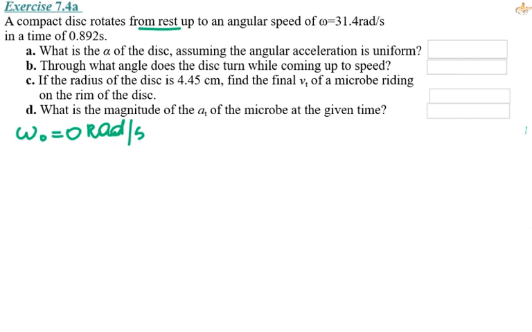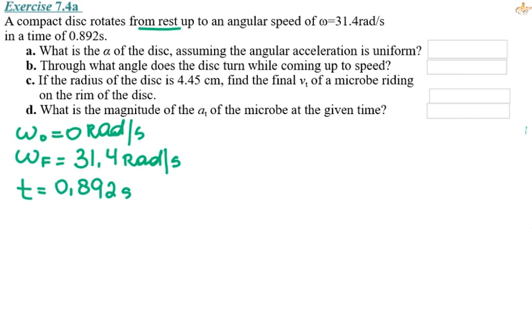To an angular speed, so the final angular velocity is 31.4 radians per second. In time, so they give you the time it took, which is 0.892 seconds. The question is, what is the angular acceleration of the motion?